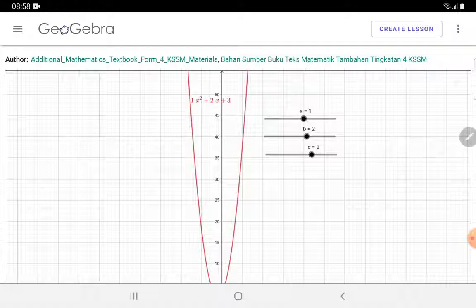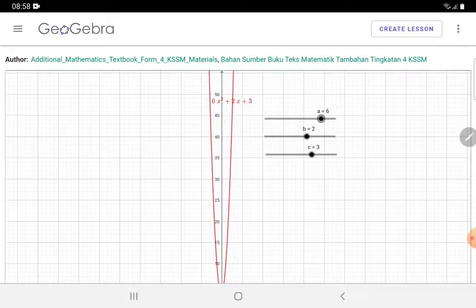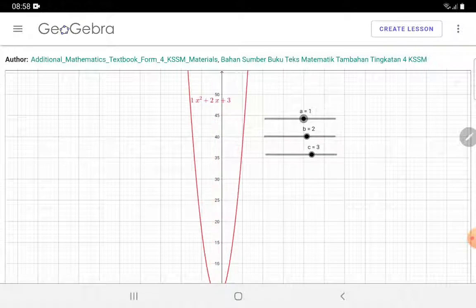If we drag a to the right, that means the value of a becomes more than 1. So what happened? Okay, look again. This is when a equals 1, so this is the quadratic graph for x² + 2x + 3. What about if we have 2x² + 2x + 3? What happened to the graph?